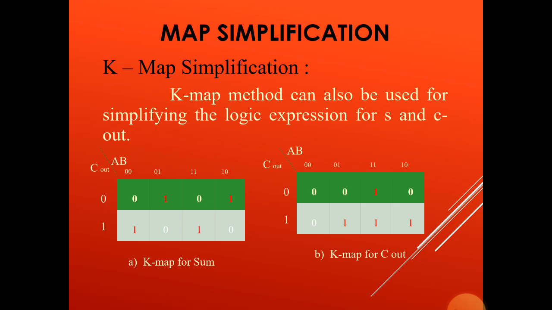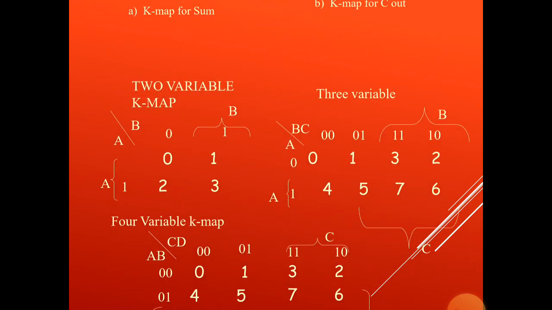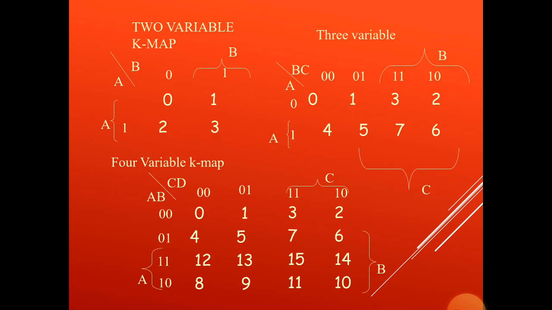K-map simplification. A two variable K-map consists of 4 cells, and a 3 variable K-map consists of 8 cells. The given circuit is a 3 variable K-map, where A, B, C are considered as 3 variables, and the cells are written as 0, 1, 2, 3, 4, 5, 6, 7. A 2 variable K-map has 4 cells, a 3 variable K-map has 8 cells, and a 4 variable K-map has 16 cells.